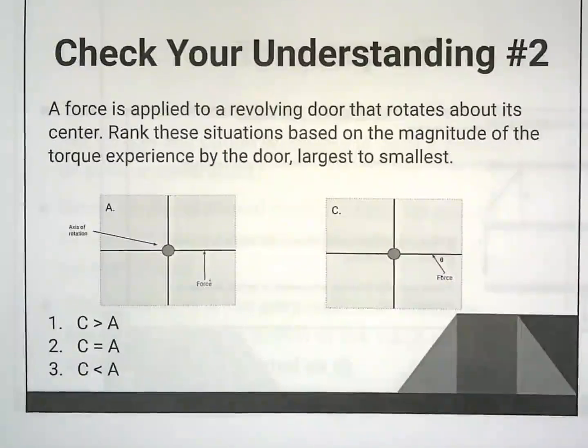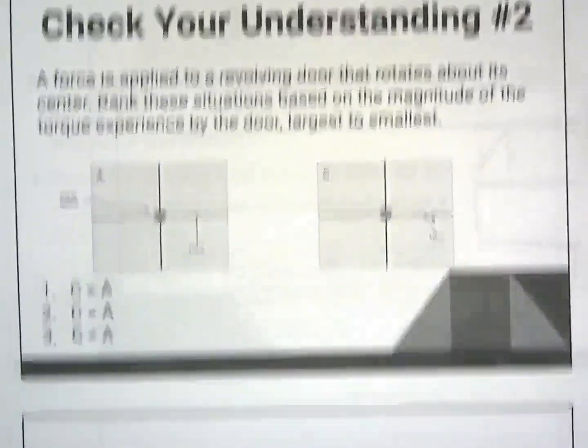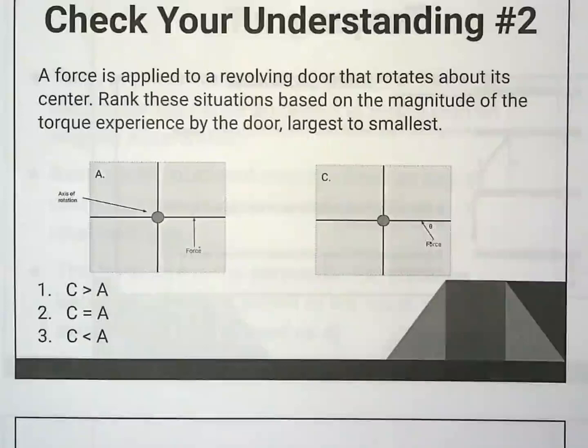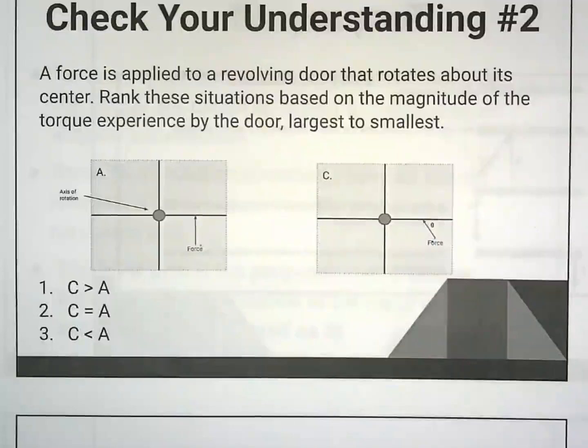So imagine if they were the same size, what would be true here? And I'm trying to get this glare out. I don't know why I've got this nasty glare on the page. Maybe it's not as bad as I think it is. But anyway, what would be true? Would C be greater than A? Would C and A be somewhat equal to one another? Or would C be less than A?